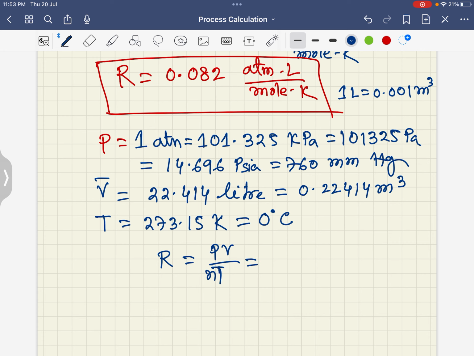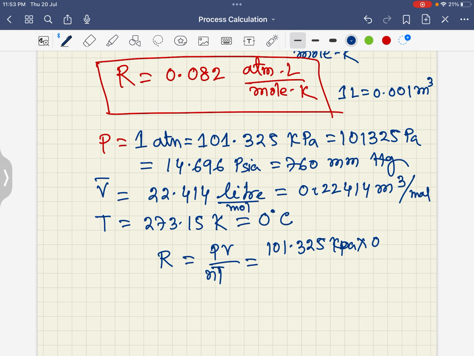So now P, I can choose 101.325 kilopascal. Then the volume I can choose in liter per mole, or we can write liter or meter cube.